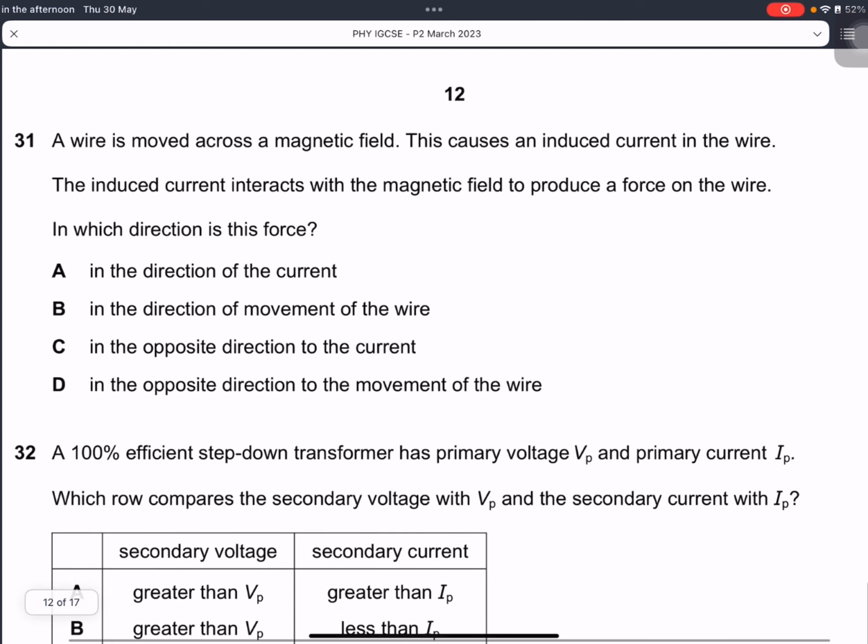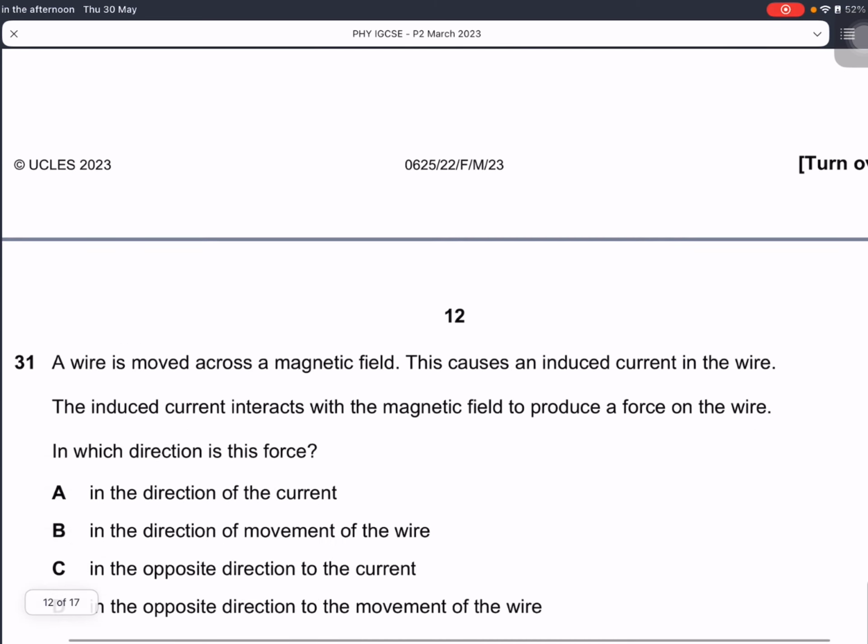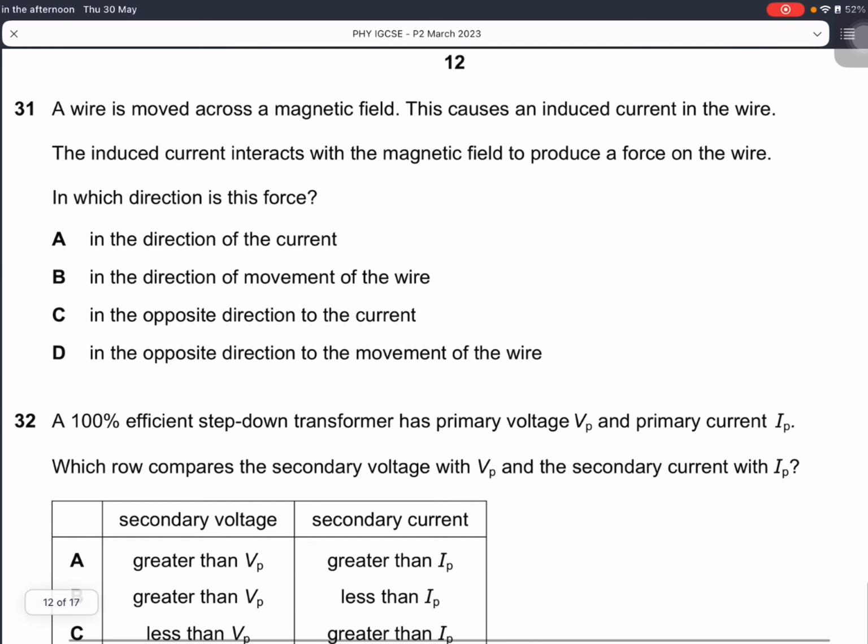31. A wire is moved across a magnetic field. Same topic as the previous question. This causes an induced current in the wire. The induced current interacts with the magnetic field to produce a force on the wire.